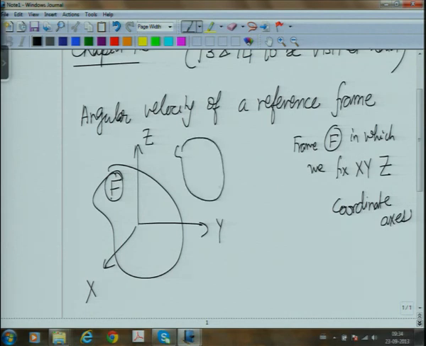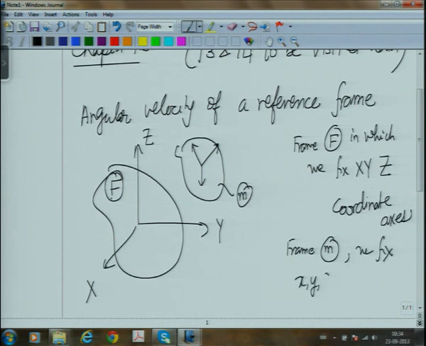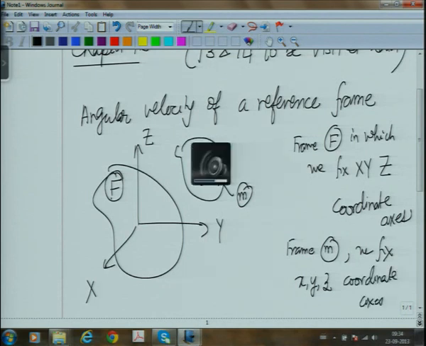Now we have another frame, a second frame, which I refer to as M. In this frame M, we fix another set of axes, which I'll now call small xyz.